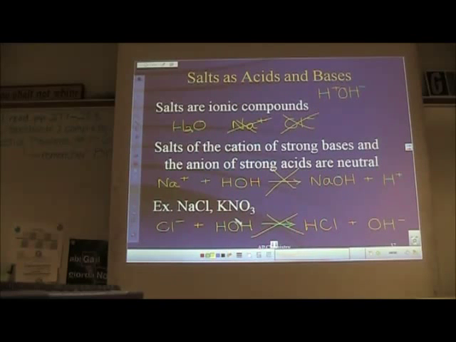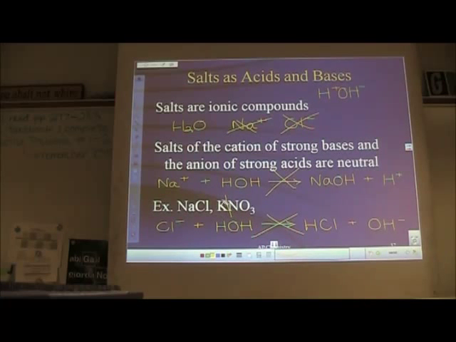First of all, I personally find it very helpful to draw a line in the salt that separates the cation and the anion. You don't have to do that. I just find it helpful. Okay? Here's the deal. With any salt, cations, the first element listed, will always form some kind of potential base.